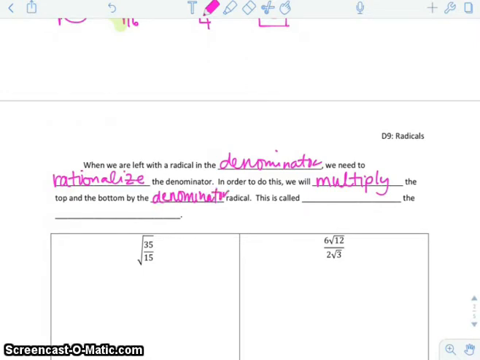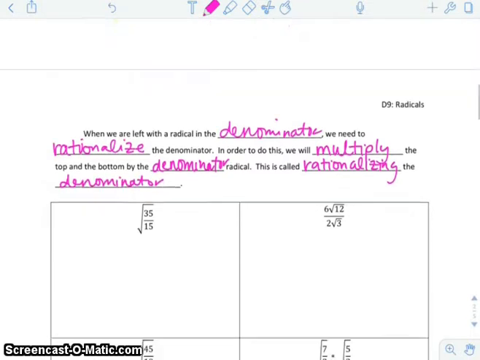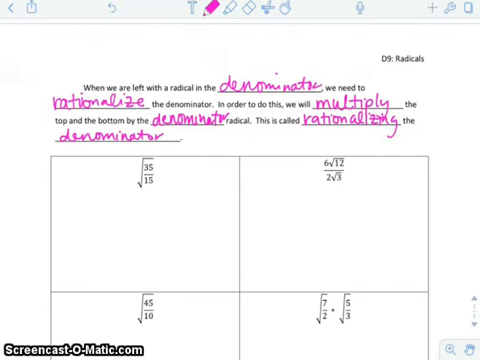This process is called rationalizing. Here we are making the denominator a rational number. We don't care if there's a radical in the numerator but we do care if there's one in the denominator, right? Technically, if there's an irrational number in the denominator, that's not a rational number. We make it a rational number by rationalizing the denominator.